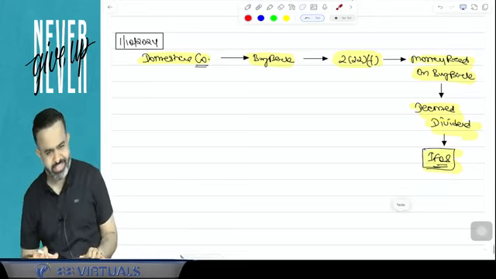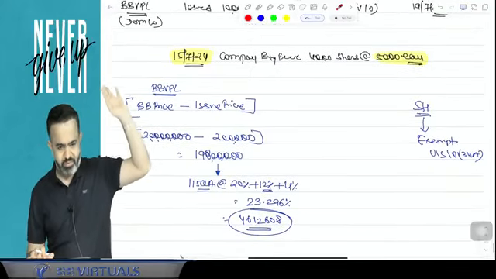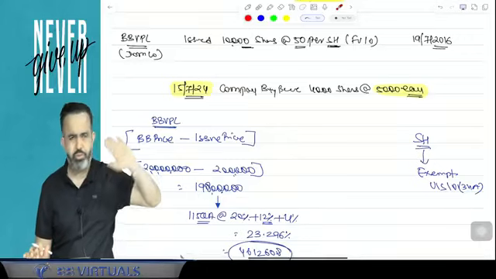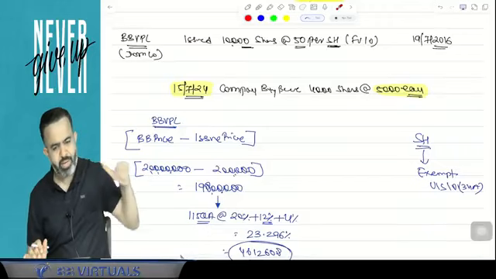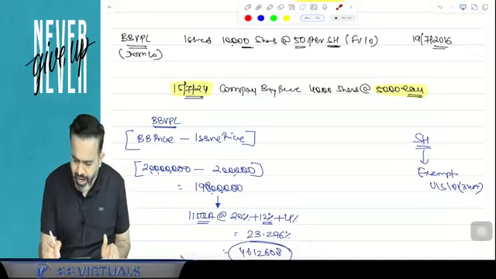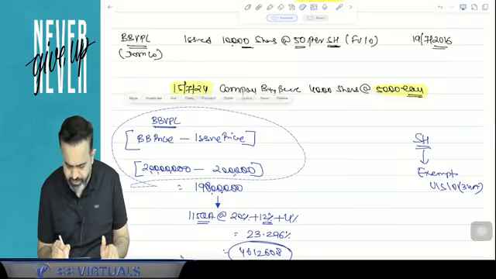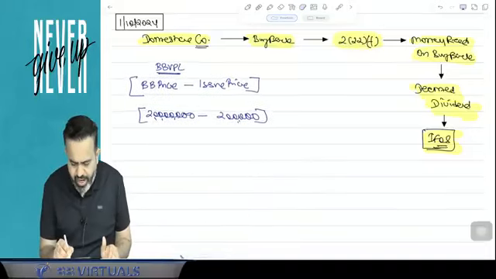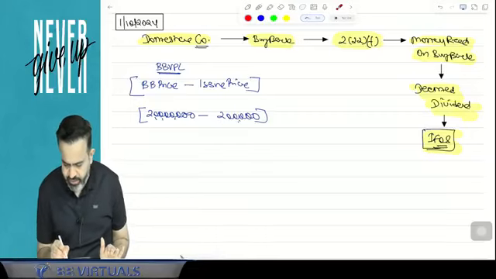Because if I take yesterday's example, when the company issued the share at the rate 50, suppose I have subscribed the share at the rate 50. Now today there is a buyback at 5,000 rupees. So here the buyback price is 2 crore rupees and the issue price is 2 lakh rupees.